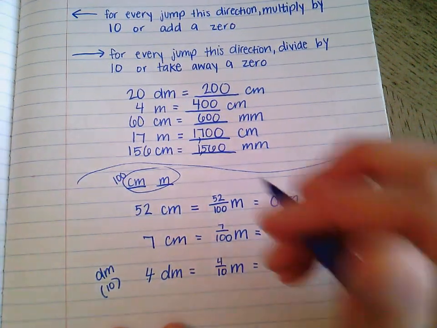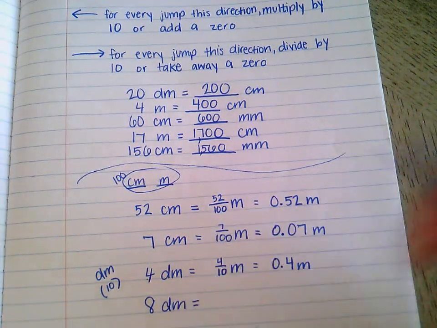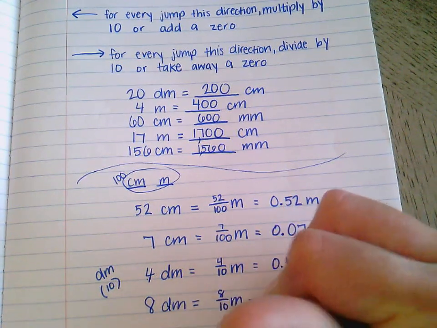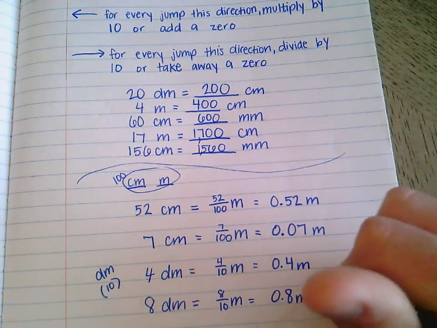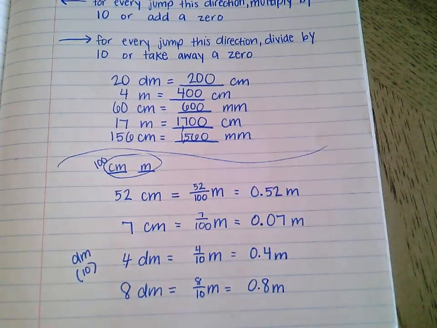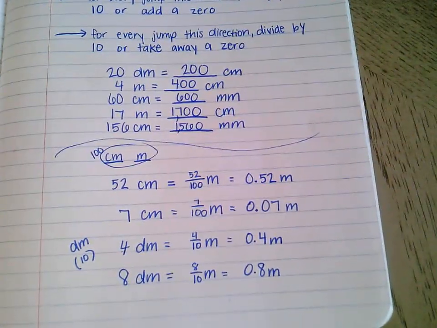Or if I have 8 decimeters, deci means 10, so I can do this in tenths. I have 8/10 of a meter, or 0.8 of a meter. So that is what I just want you to write down and get into your head before we go into our book and do some of these.